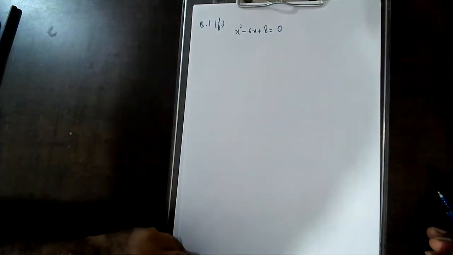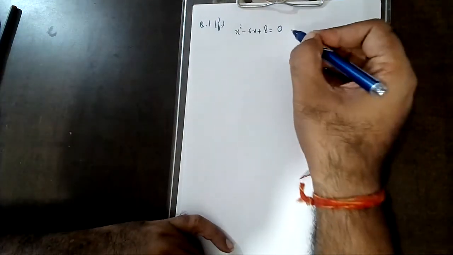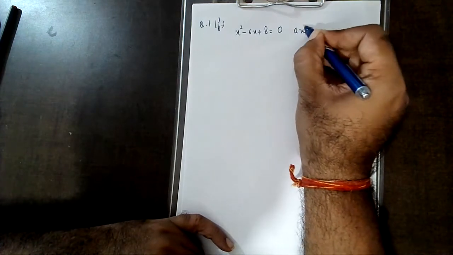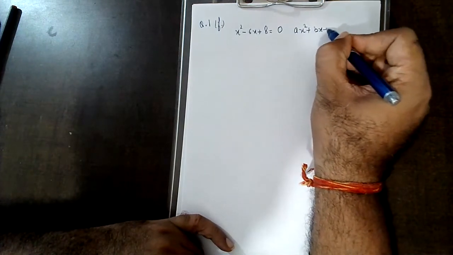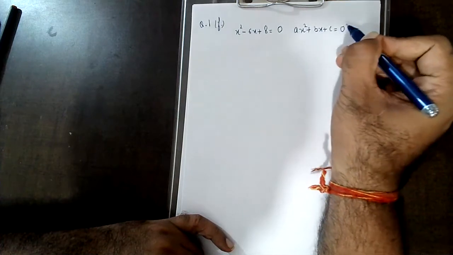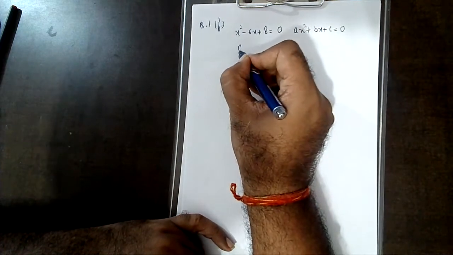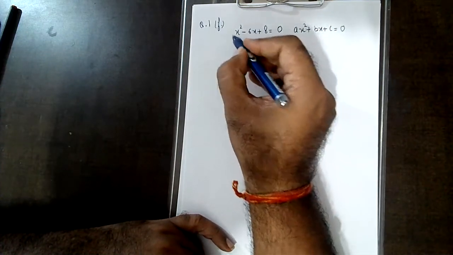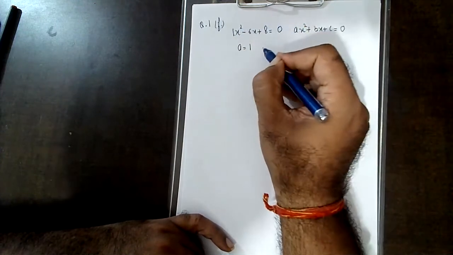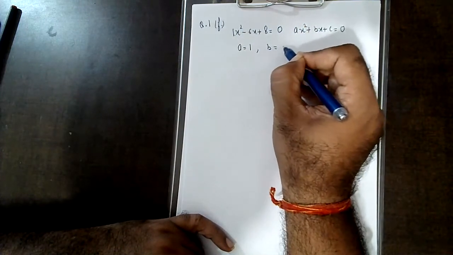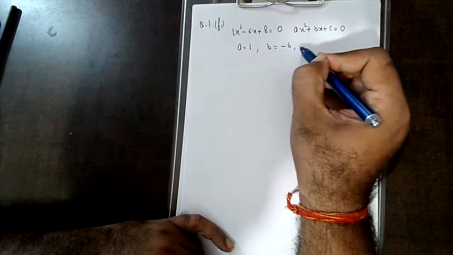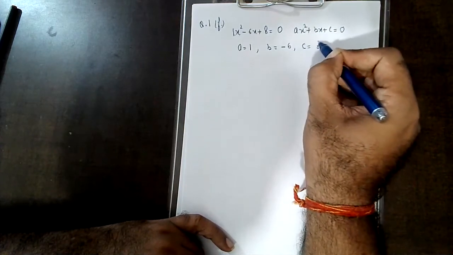Okay, comparing with the standard form ax square plus bx plus c equal to 0, we find here a is equal to 1, b is equal to minus 6, c is equal to 8.